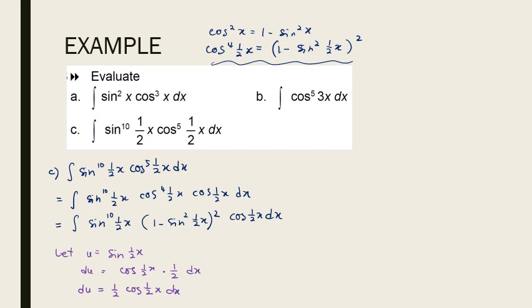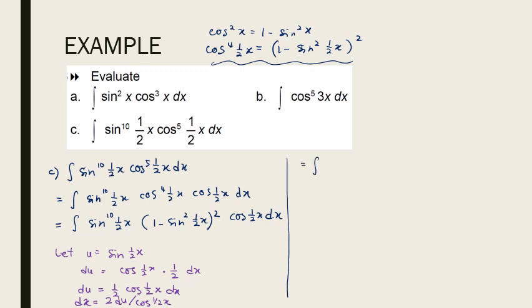So, what is our dx? dx equal to 2 du over cos 1 over 2x. Okay, 2 du over cos half x.